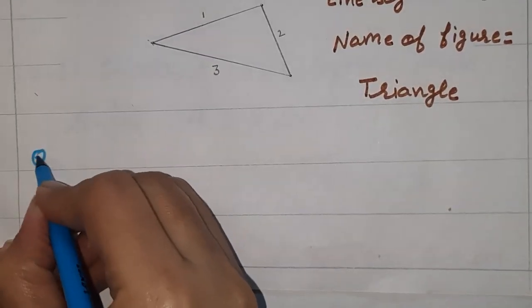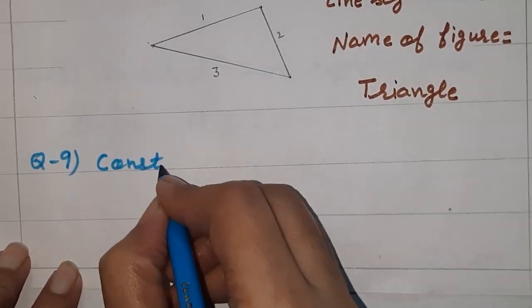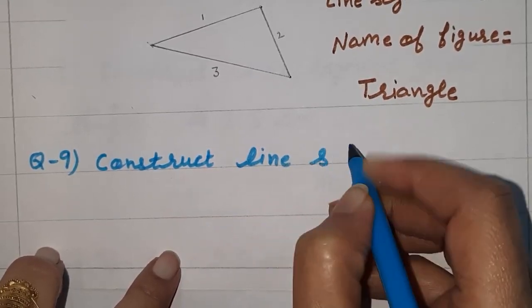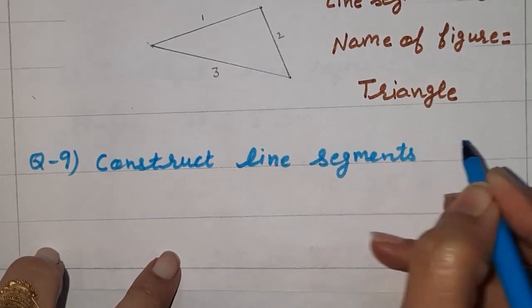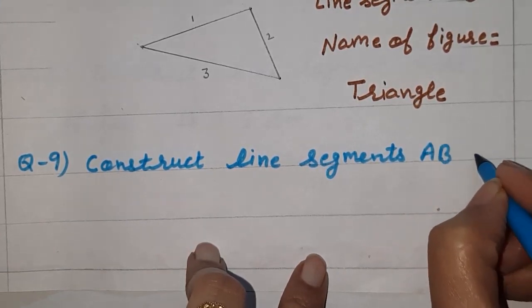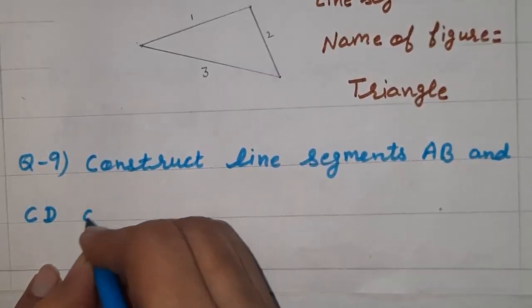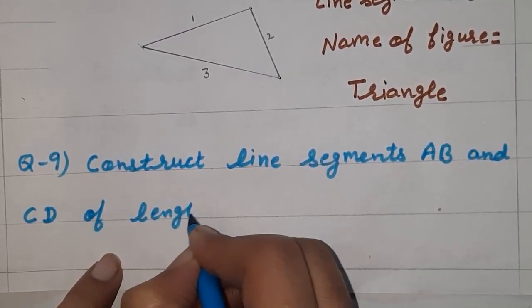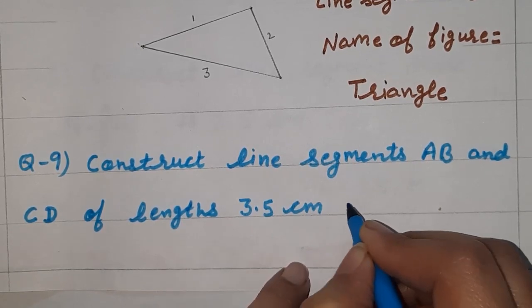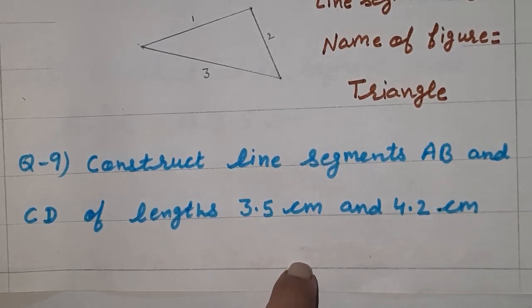Now the next question is question number 9. Construct line segments AB and CD of lengths 3.5 centimeter and 4.2 centimeter respectively.